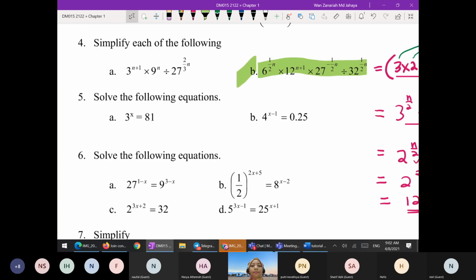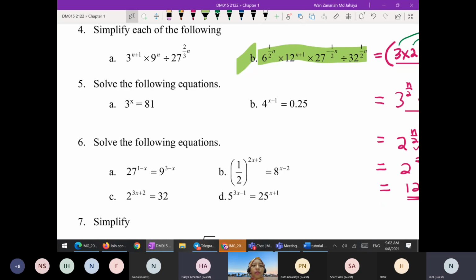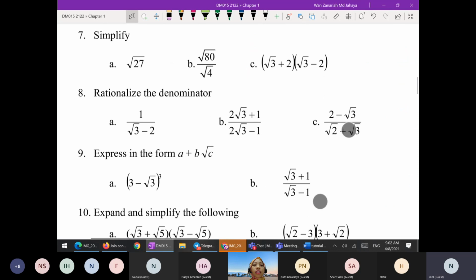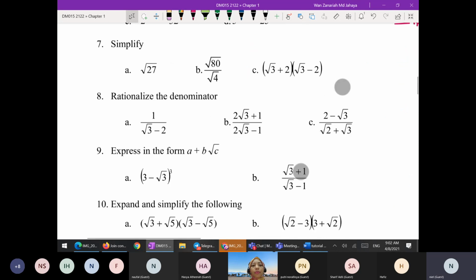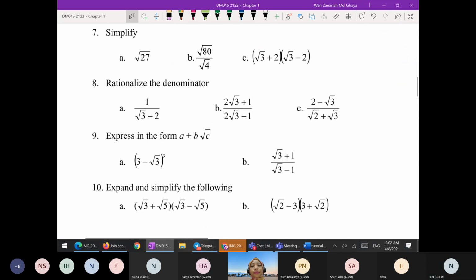Okay, next question. Until number 6, any problems? Tak ada, madam. Okay. Okay, next 7 until 10, any problem? 7 until 10 also tak ada problem. Okay, itu Hasha. Orang lain?